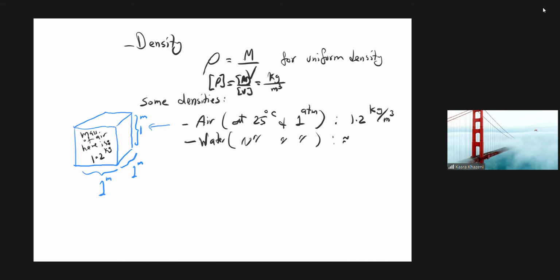Very close to 1,000 kilograms per meter cubed. It's 1,000 times heavier than air, roughly. So if you had the same box of 1 meter by 1 meter by 1 meter, and you fill it with water, you would not be able to move that box at all.